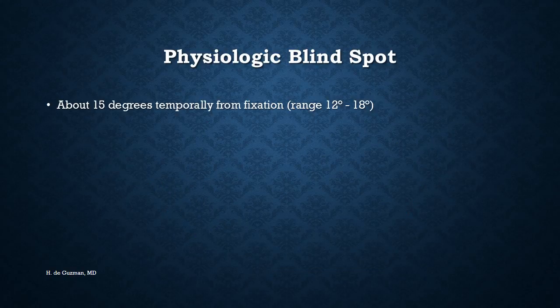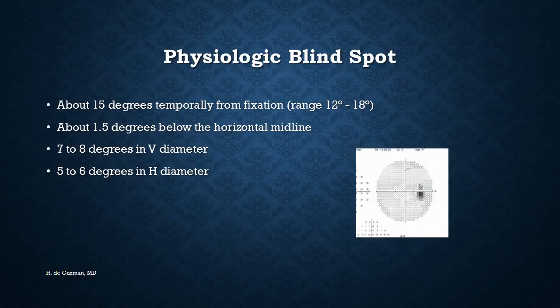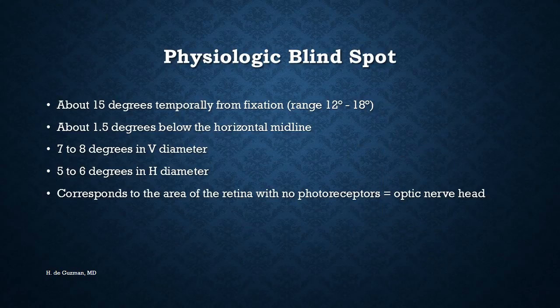The physiologic blind spot is located about 15 degrees temporal from fixation and is about 1.5 degrees below the horizontal midline. And these are its dimensions. It corresponds to the area of the retina where there are no photoreceptors, which is the optic nerve head.